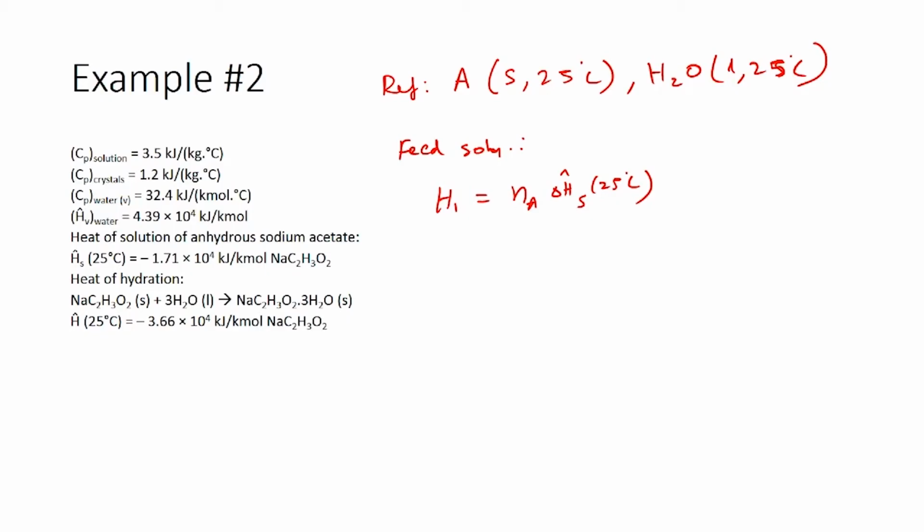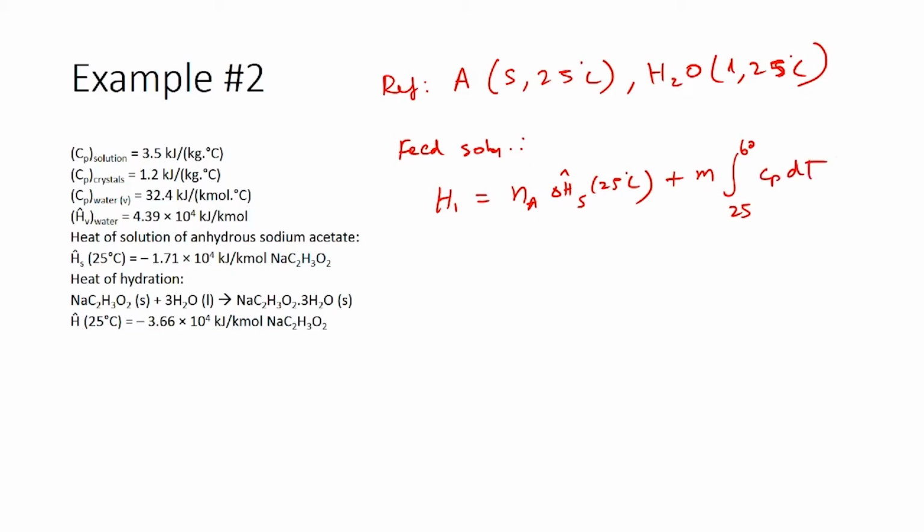This would be the first term, and this solution is then heated to 60 degrees Celsius. The Cp value for the feed solution and the product solution has been given as 3.5 kilojoules per kilogram degree Celsius. So, we will multiply it with the mass of the solution, which is m times the integral from 25 to 60 of Cp dT.